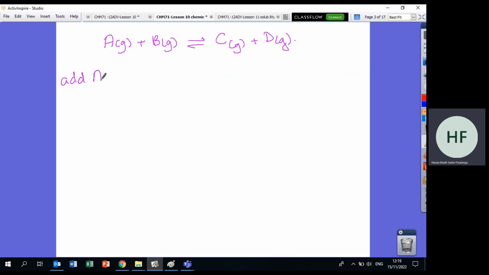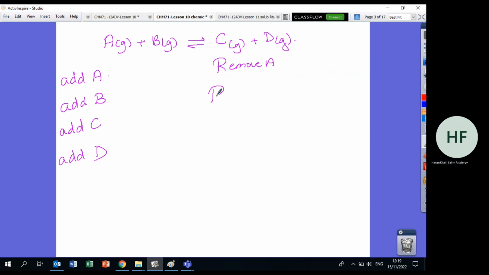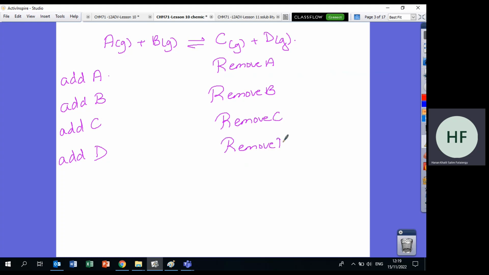What happens if I add A? Where will the reaction go? What happens if I add B? What happens if I add C? What will happen if I add D? What will happen if I remove A? If I remove B? If I remove C? And if I remove D?